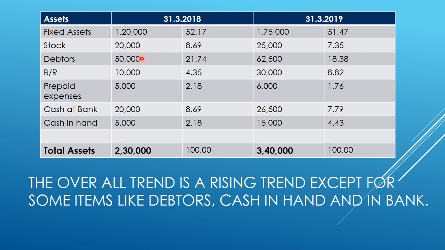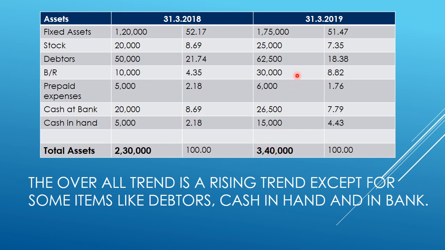Debtors 50,000 upon 2,30,000 would make 21.74%. Prepaid expenses 5,000 of 2,30,000 makes up 2.18%. Cash at bank 8.69, cash in hand 2.18%. So all these are nothing but the percentages of the components of your asset side to the total assets. The same thing is applied for the year 2019.